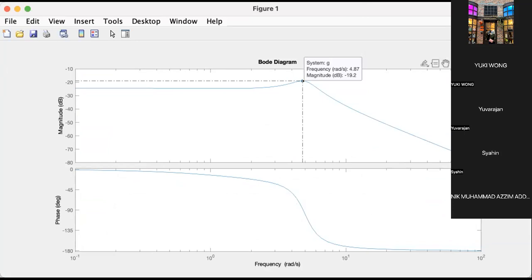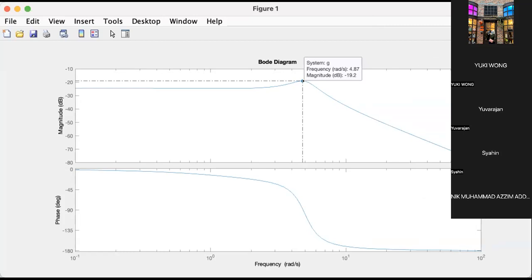And then go to the minimum stability margin, and then go to all stability margins. Ada? Tak ada. Dia tak tunjukkan. So dia just tunjukkan the peak frequency, okay, and the magnitude, which is the minus 19.2. So this is what it is called open loop Bode plot.